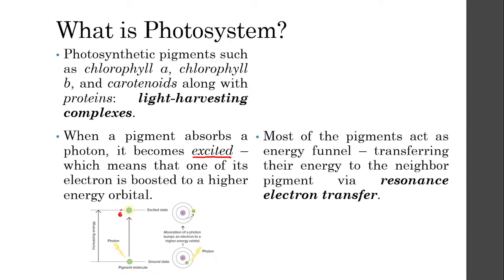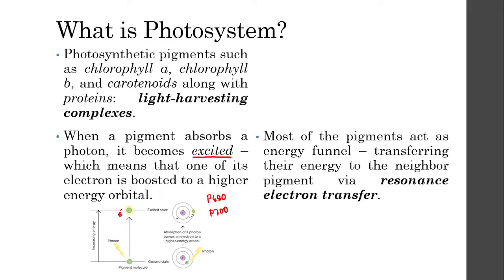So most of the pigments act as an energy funnel, transferring their energy to their neighbor pigments via resonance electron transfer. Like I mentioned, the only chlorophyll pigments that transfer their electron are the reaction centers, your P680 for PS2, or your P700 for PS1.